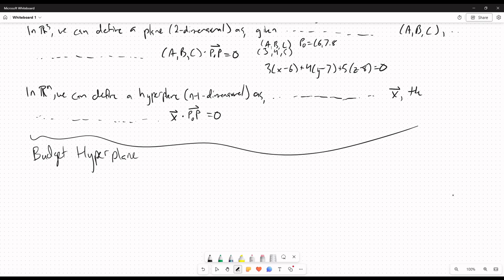Basically, what happens is if I have some money, we'll say $D, and I want to buy n goods in different quantities.